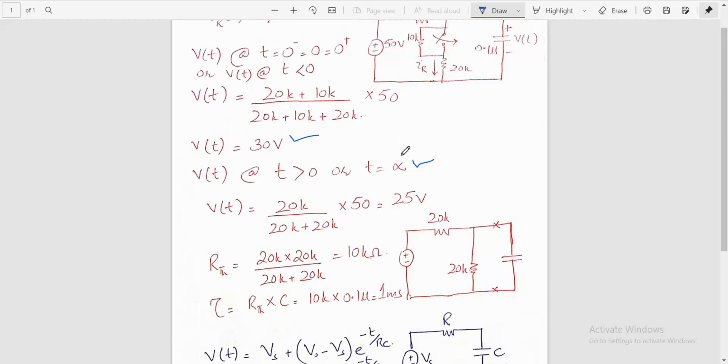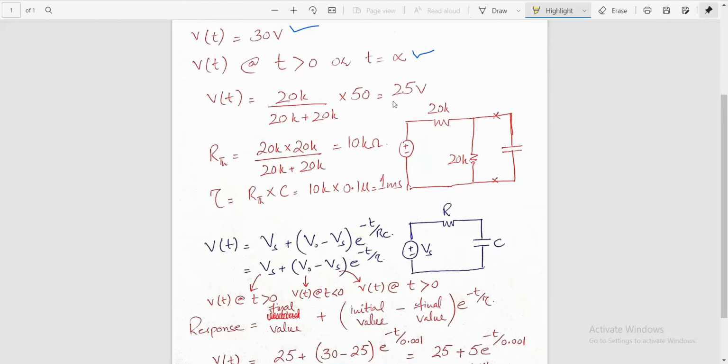At t greater than 0 or t equal to infinity, V of t comes out to be 20 over (20 plus 20) into 50, which is equal to 25 volts, since the 10 kilo ohms resistance has been short circuited by the switch. The voltage across the vertically connected 20 kilo ohms resistance is simply the value of V of t at t greater than 0, which is 25 volts now.